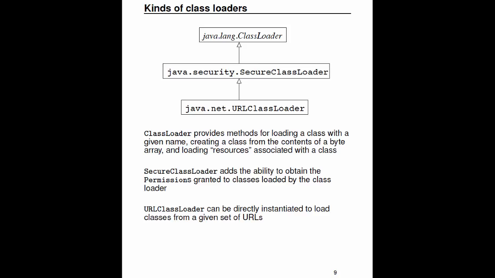Here again, this allows you to say that you trust some classes to do more operations than other classes. And then there's a subclass of that called URLClassLoader that will load classes from a URL, or actually from an array of URLs. Recall URLs can be locations out on the internet, but you can also have a file URL for the local file system.